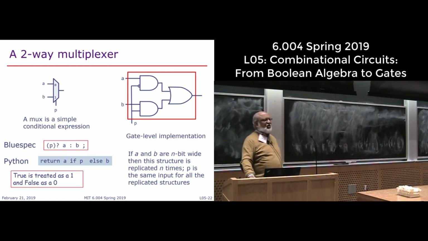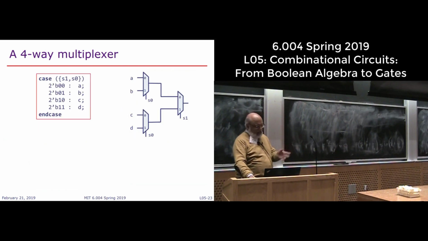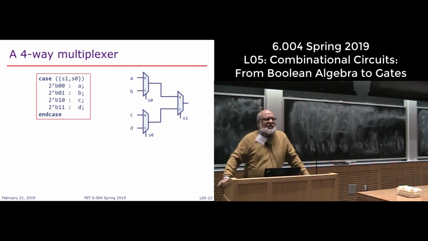And this is a strong enough circuit that I can easily build a 4-way multiplexer. Now, I could have written it as a case statement over here, that if I have 2 bits, S1 and S0, and I'm comparing them to 0 0, 0 1, 1 0, and 1 1, and I'm specifying the output in every case. This is the same thing as if I'm connecting these multiplexers in this manner.